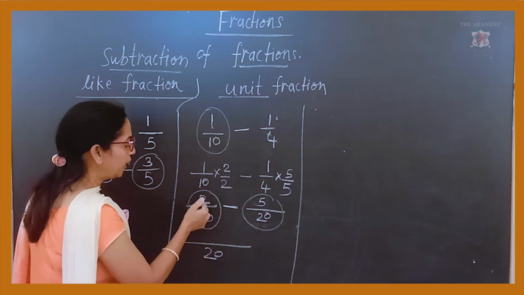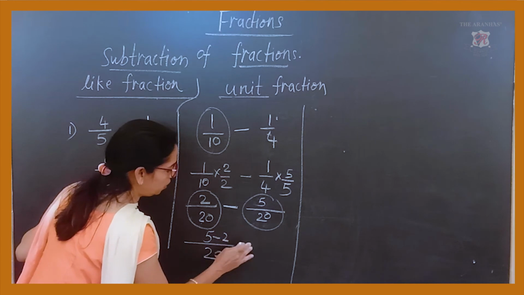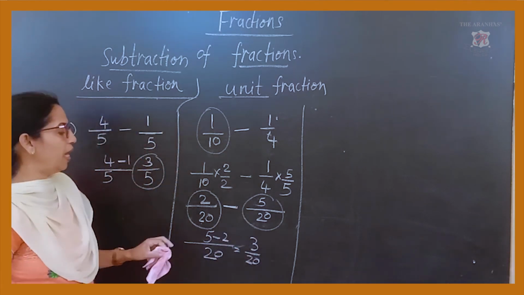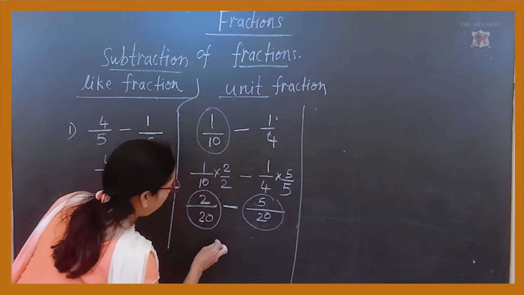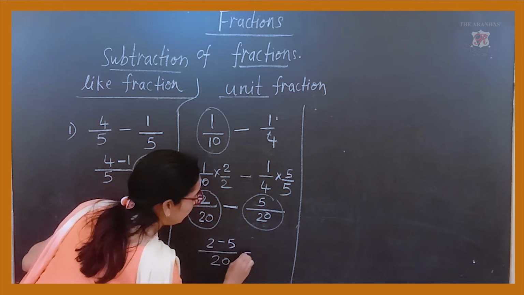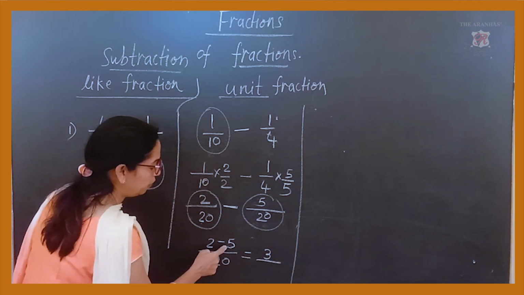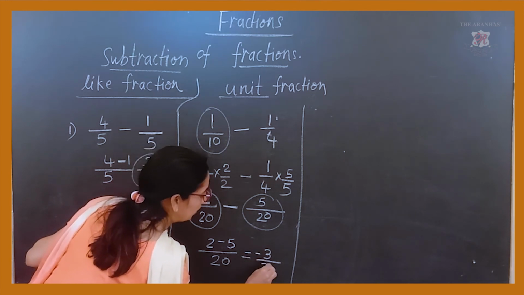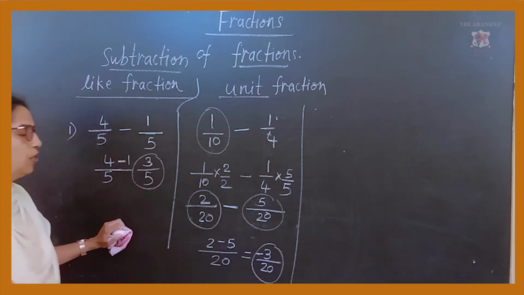So 5 minus 2 we carry out and get the answer 3 upon 20. Even though we write this as 2 minus 5 upon 20, you have to carry out the subtraction from this 5 and give the sign. So the answer will be 3 upon 20 only.